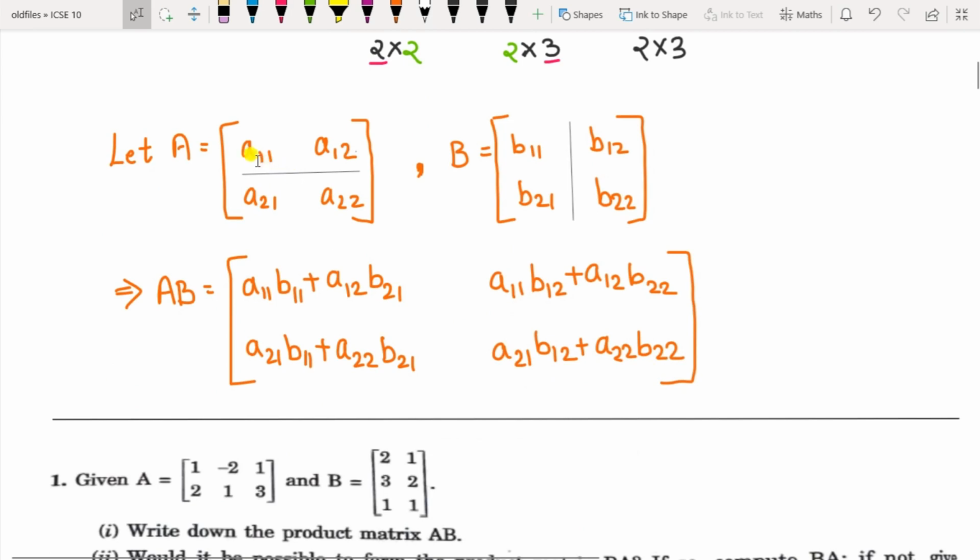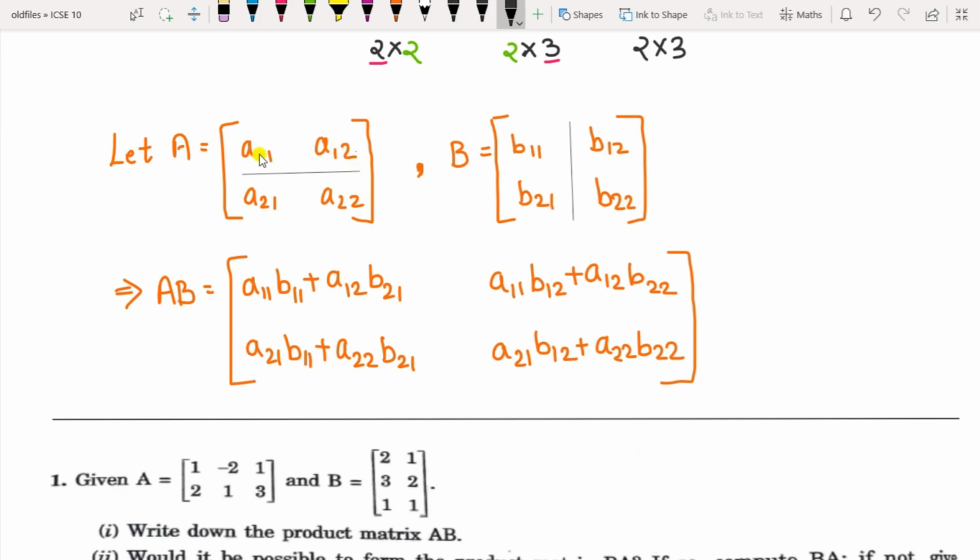For the multiplication process, let us consider A is a matrix whose elements are A11, A12, A21 and A22, and B is the second matrix whose elements are B11, B12, B21 and B22, both of the order 2 by 2. Now how to multiply them? For the first matrix you have to consider the row, and for the second matrix you have to consider the column.